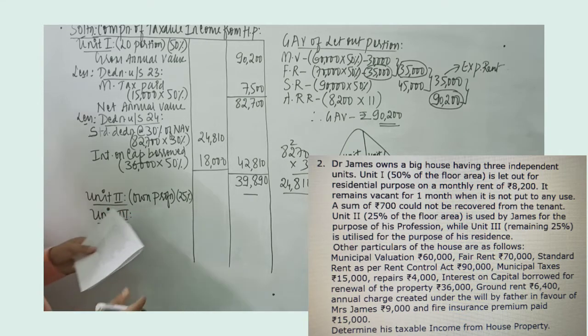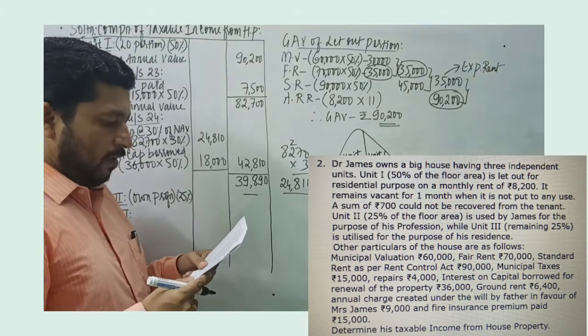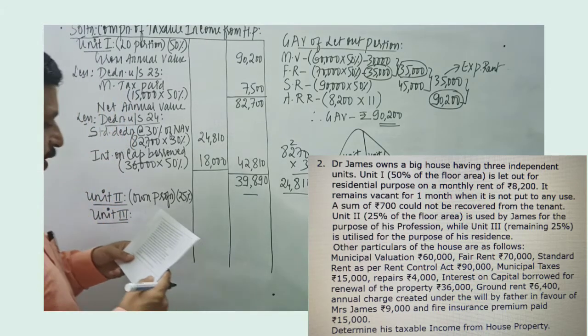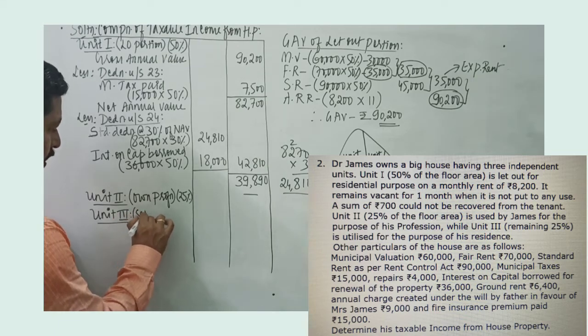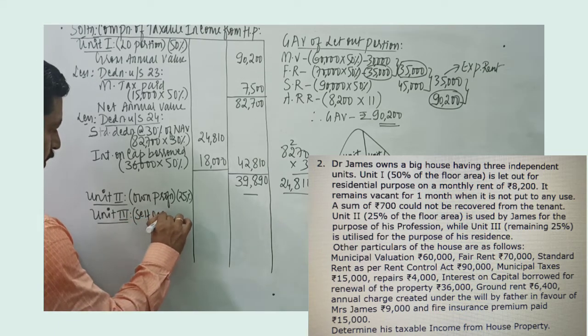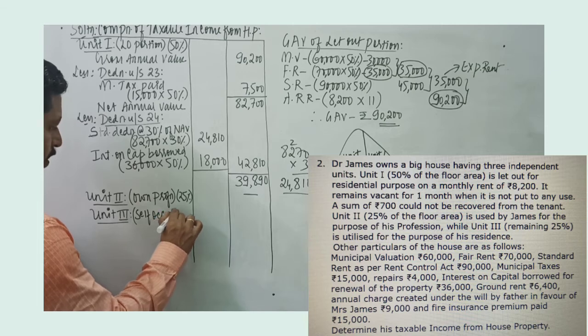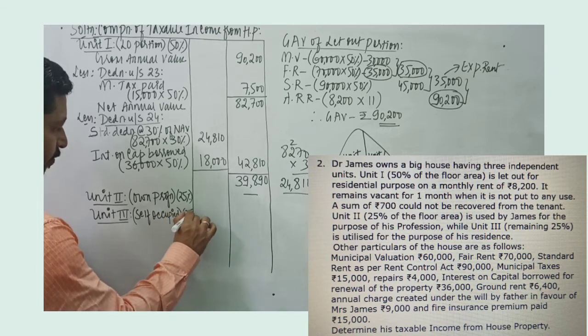Unit 3. What is given pertaining to unit 3? While unit 3, the remaining 25%, is utilized for the purpose of his residence. So this is the self-occupied portion, and this is also 25%.